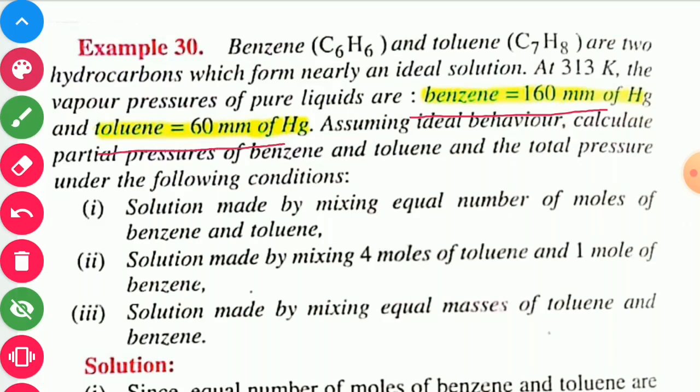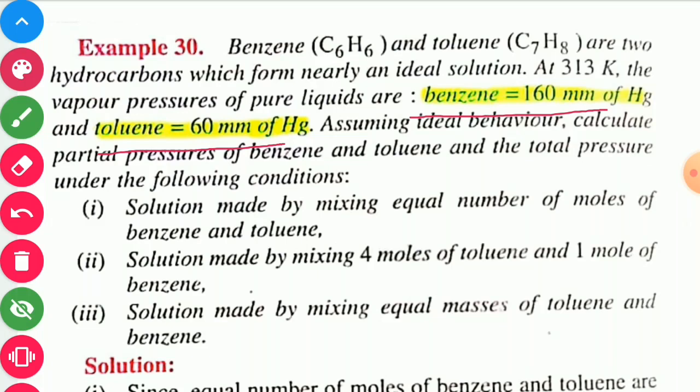So here we have to find the different parts of this question. Assuming ideal behavior, calculate the partial pressure of benzene and toluene and the total pressure under the following conditions. In the first condition, the solution is made by mixing equal numbers of moles of benzene and toluene.